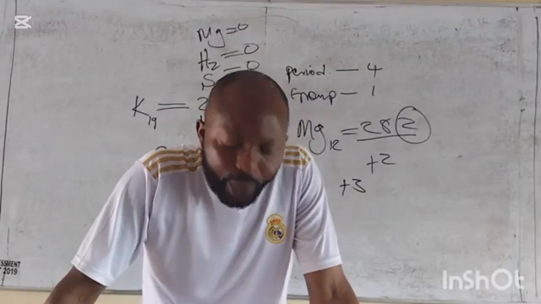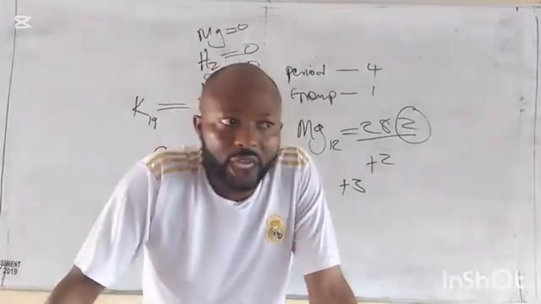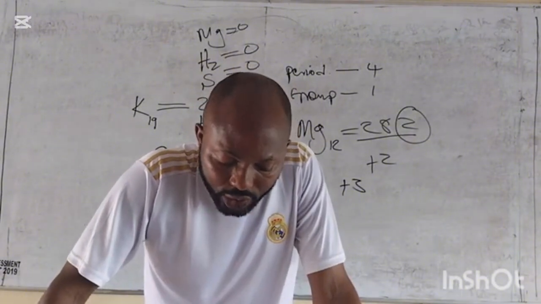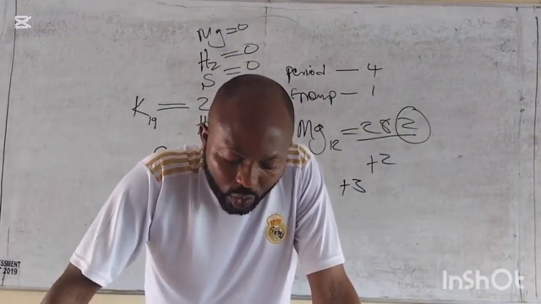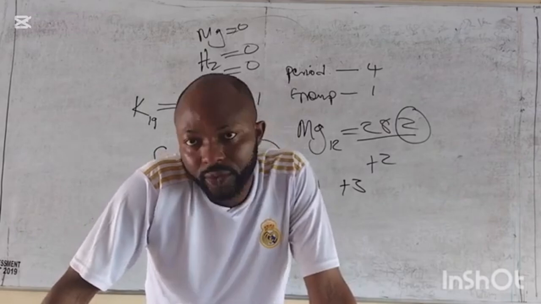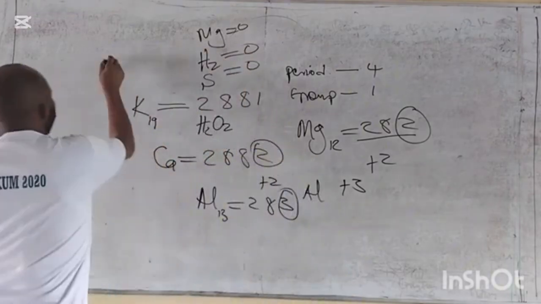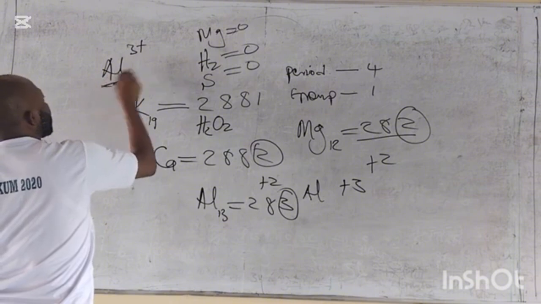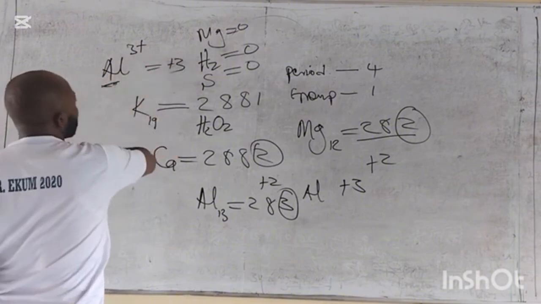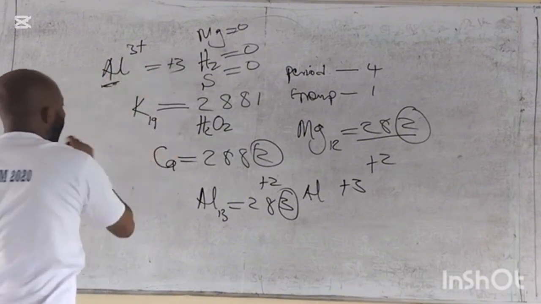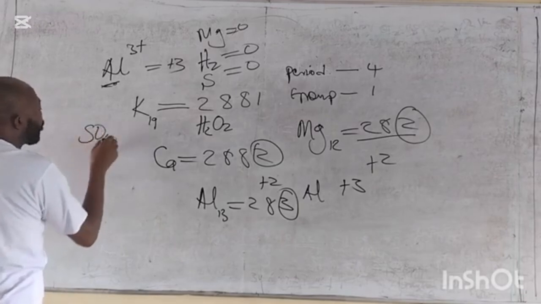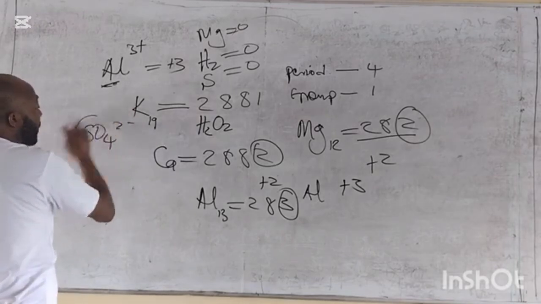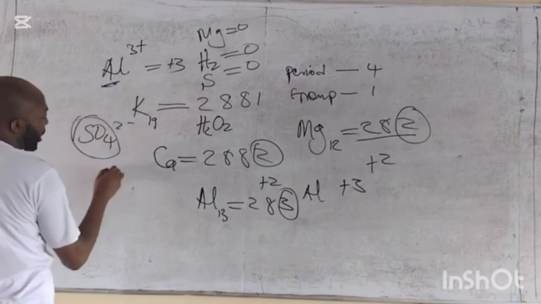Number 3: in simple ions, these are compounds that have charges in them, the oxidation number is equal to the charge on the ion. So if I have aluminium 3+, the oxidation number of aluminium here is +3. If I have SO4 2-, the oxidation number of this ion is -2.